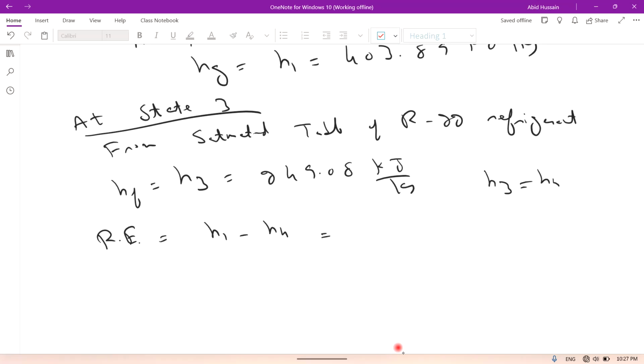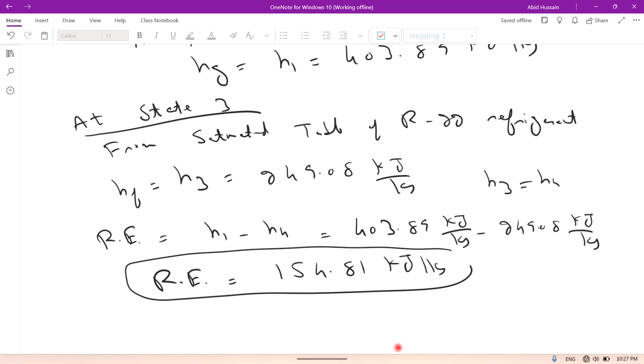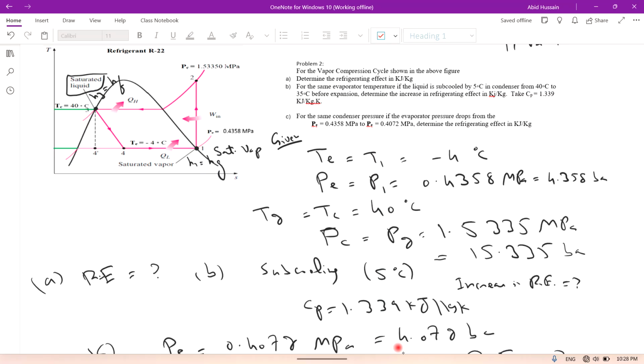So H1 is 403.89 kilojoule per kilogram minus H4, which is 249.08 kilojoule per kilogram. So refrigeration effect is equal to 154.81 kilojoule per kilogram.